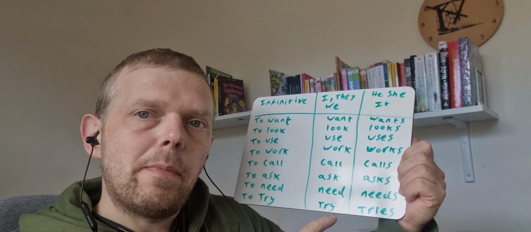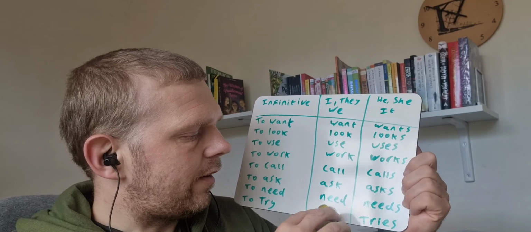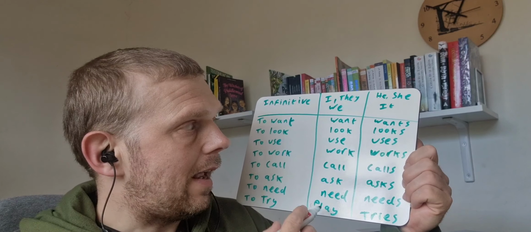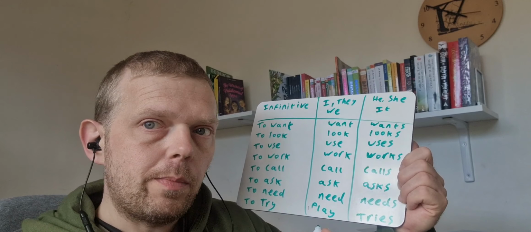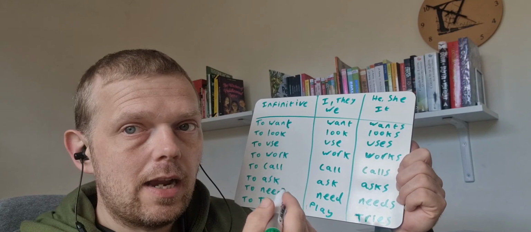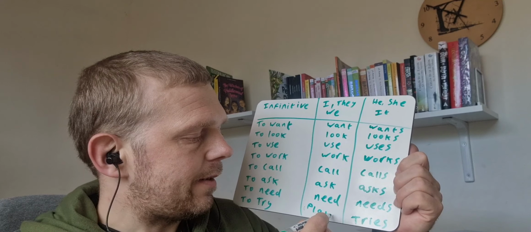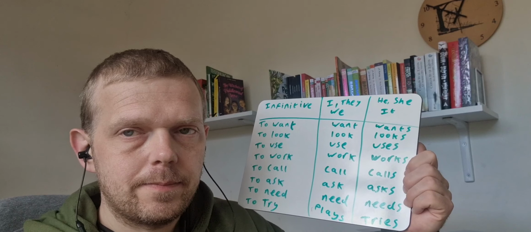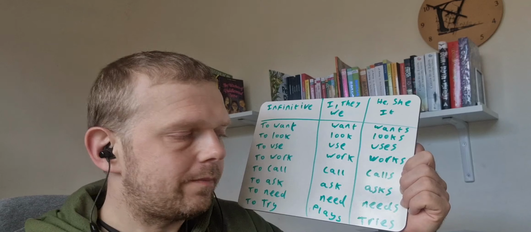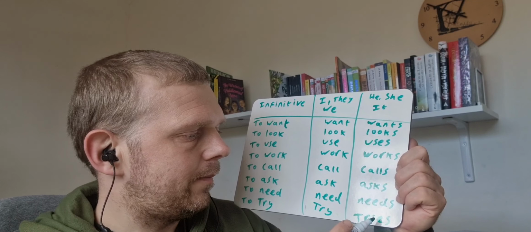If the letter before the Y is a vowel, for example, play, so the verb to play, I play, they play, we play. But if it's a vowel, like an A, E, I, O, or U, then you simply add an S. He plays, she plays, it plays. But if it's a consonant, you change to IE, S.